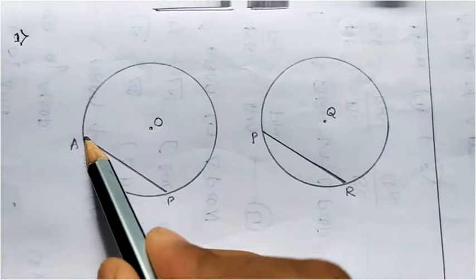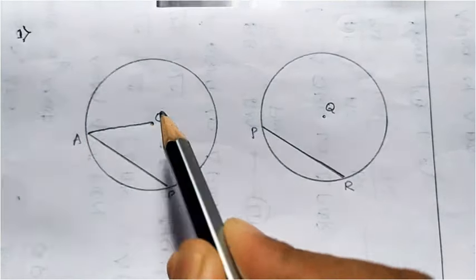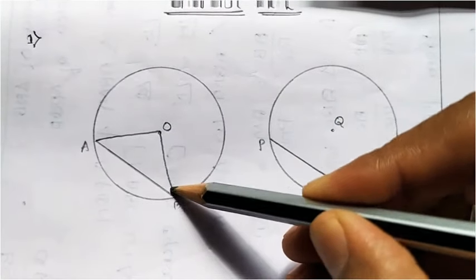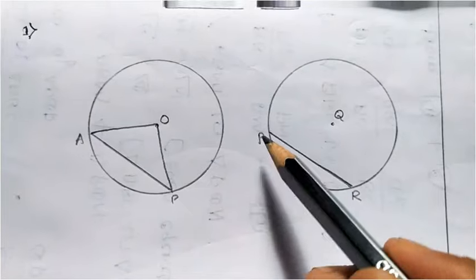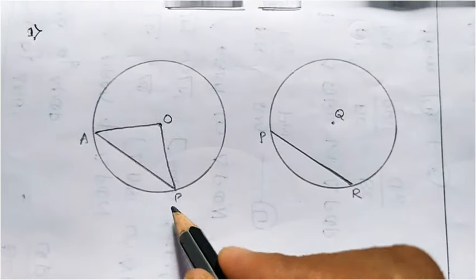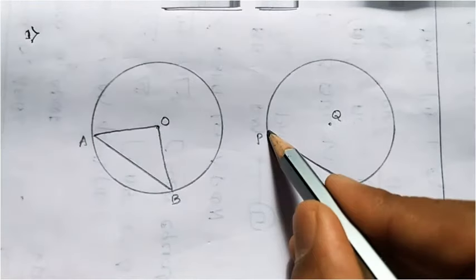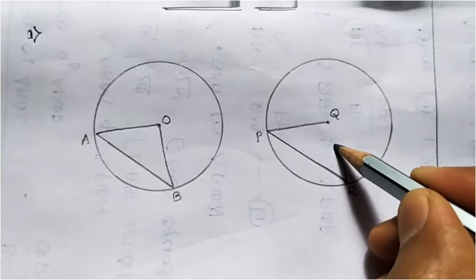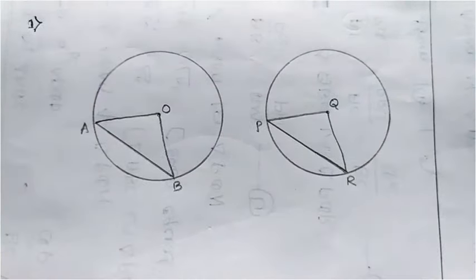I will join A to O. Use a scale; don't draw freely, use a scale in your fair books. And here I will join OB also, next PQ and QR. Now here we got two triangles.